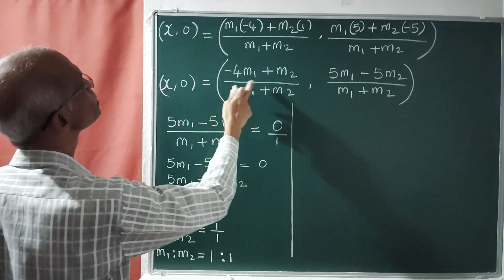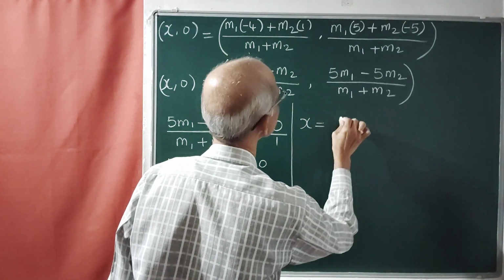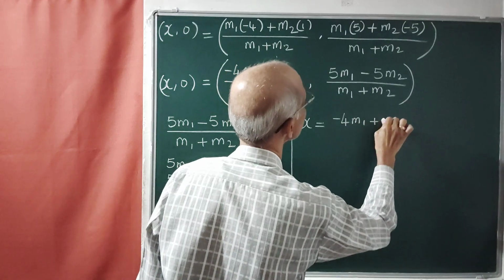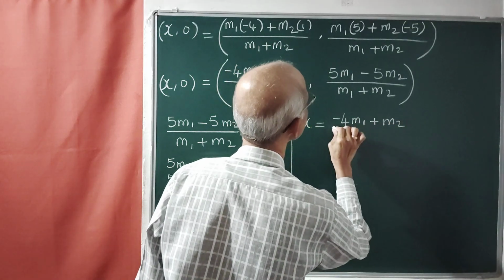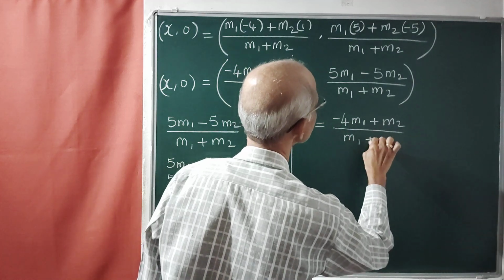So x will be equal to (minus 4m1 plus m2) divided by (m1 plus m2).